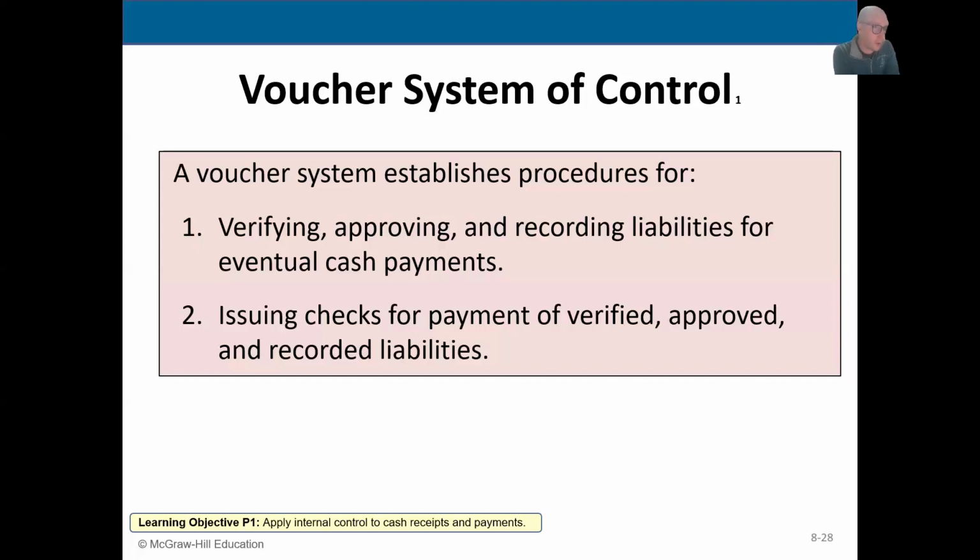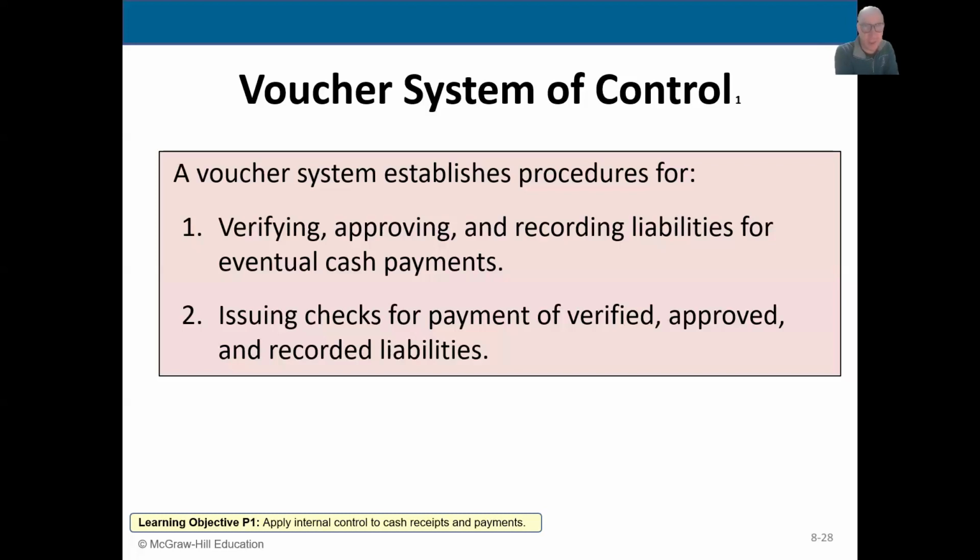Now I need to talk to you about what we call a voucher system. A voucher system is a set of procedures and approvals designed to control cash payments and the acceptance of liabilities. It's basically a paper trail.